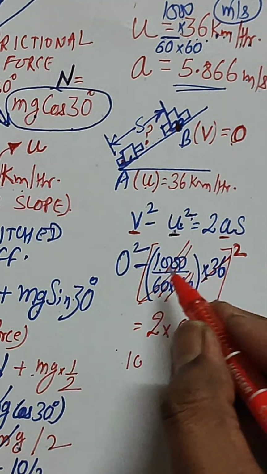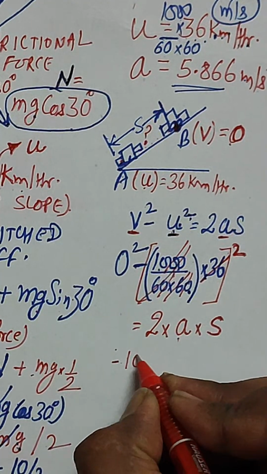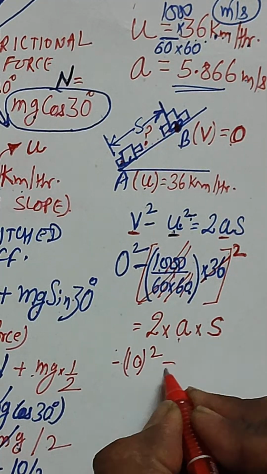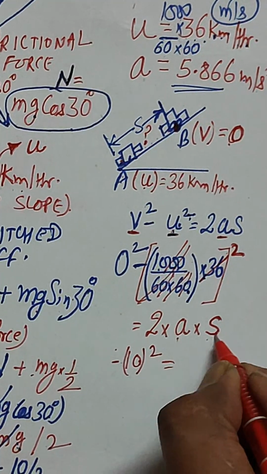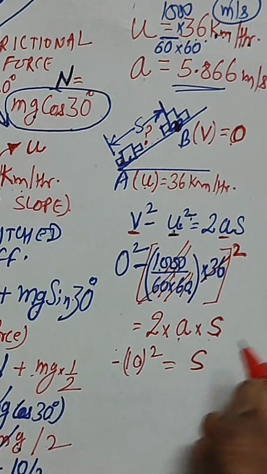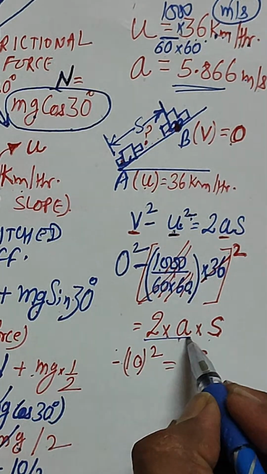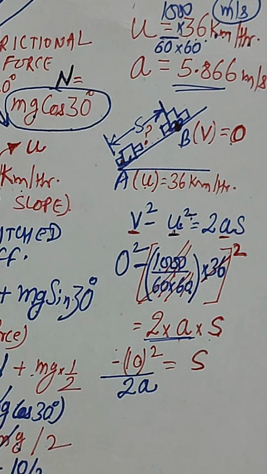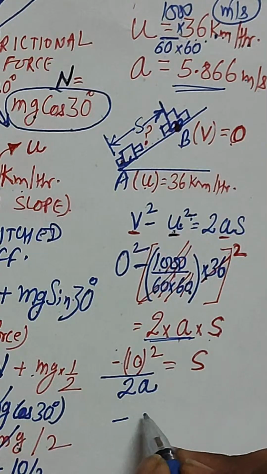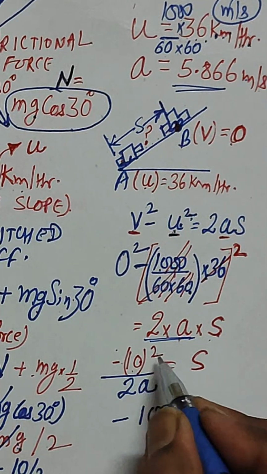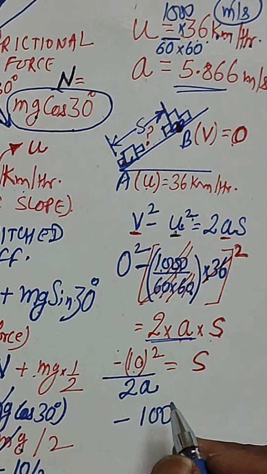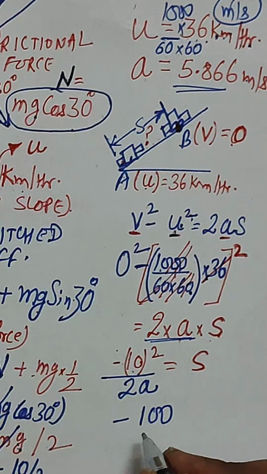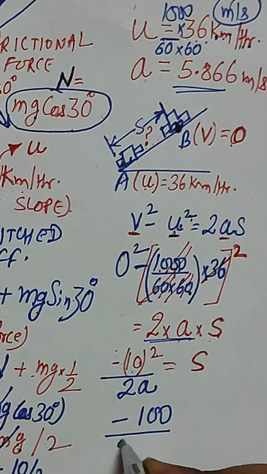And we are left with 10 square, and when we need to calculate the value of s, just bring this 2a into the denominator of LHS, right? So this will give you minus 100, 10 square is 100, right? This is 100 divided by 2 into a.